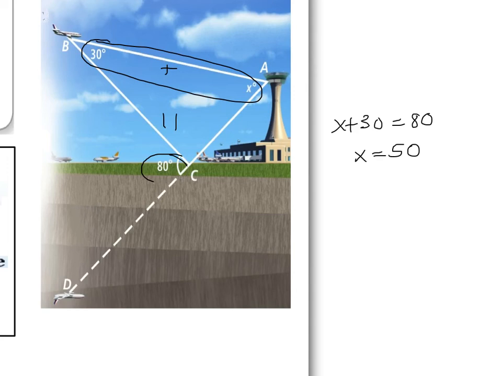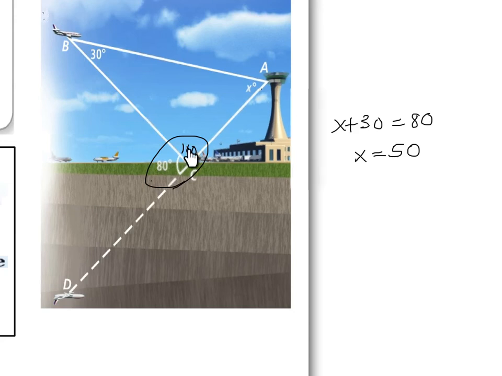If you happen not to see it that way, here's another option. You know that these two are a linear pair, so if that's 80, this one right here is 100. Then the three angles of the triangle add up to 180.